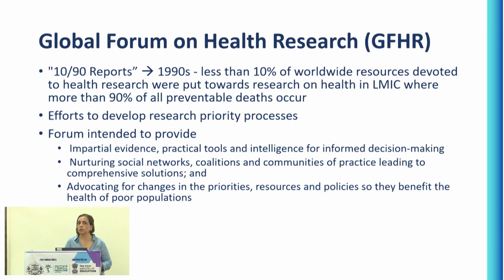It was also conducive to fostering networks, coalitions, and communities of practice, which would lead to solutions in terms of how we would go about this exercise, and really trying to advocate for changes in priorities, resources, and policies. What was also happening in the 90s is that attention was being drawn to the fact that the research priorities for low and middle income countries were mainly being drawn up in high income countries.